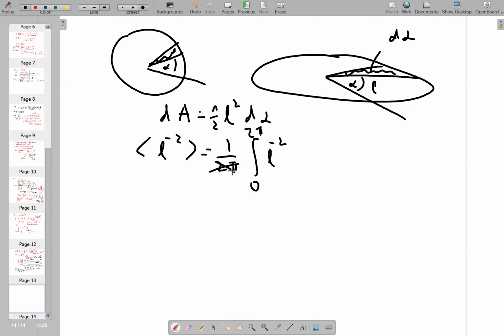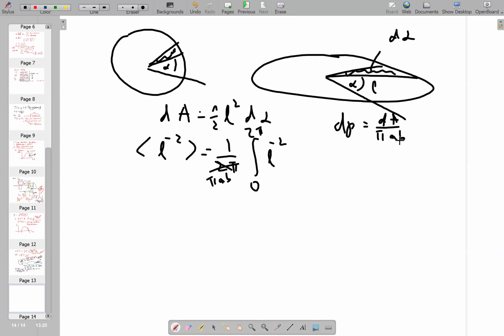The total area is pi AB, the surface area of the ellipse, right? Probability dP is dA divided by pi AB. The percentage of points on the arc is related to the surface area.